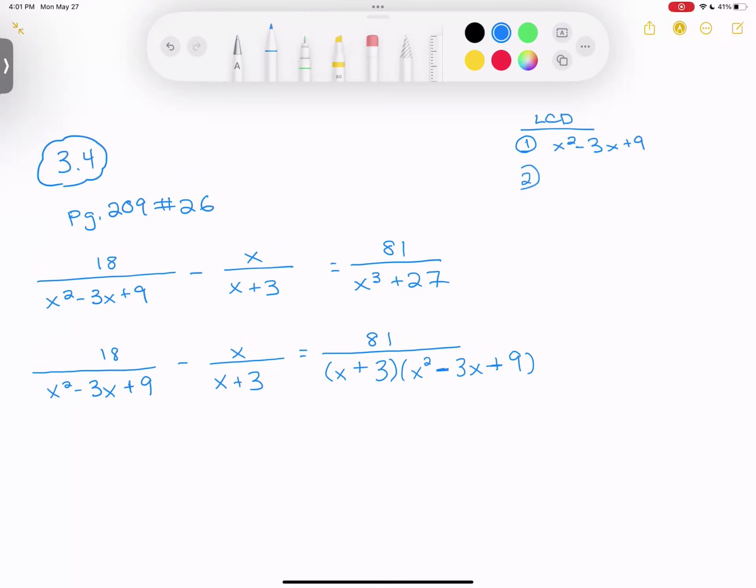The second one has an x minus 3. So if this is our first one, that's kind of like our A. B would be the second one. And then our third denominator is the product of those two. So that means our LCD is going to be the same as our third denominator. It's going to be the product of those two factors.